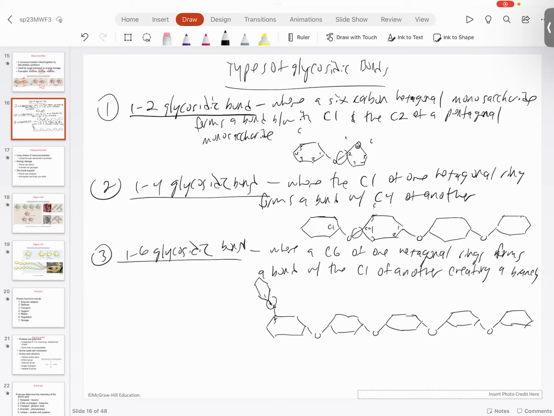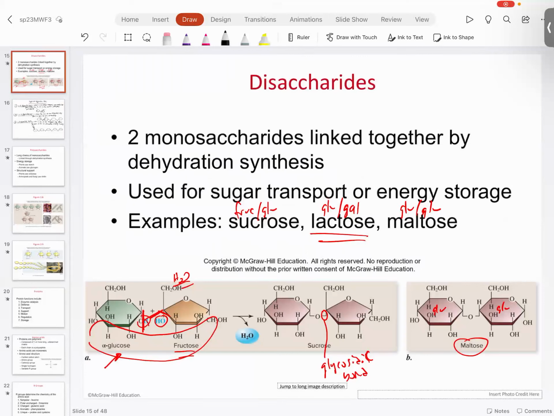So it branches off, and then you can start to form a long branch off of this place. So you form a 1-6 by attaching a 1 to that number 6 position, and this forms a side chain or a branch. These are the 3 glycosidic bonds. Like I said before, this is going to be a 1-2 glycosidic bond between the 2 structural isomers.